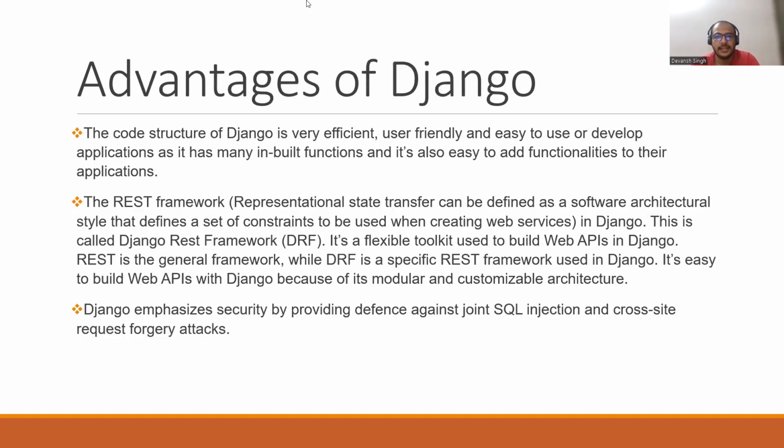Now I would like to introduce the advantages of Django. The code structure of Django is very efficient, user-friendly, and makes it easy to develop applications. It has many inbuilt functions, and it's also easy to add functionality to applications.